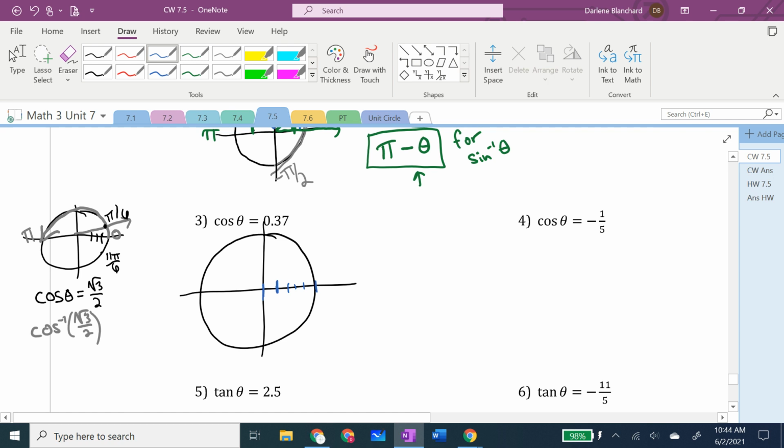I'm just trying to guess the plot. So it's not one of the unit circle spots where I know the exact angle measure. But I want you to see with this picture that cosine representing x means if you were to draw a vertical line at that x coordinate of 0.37, it's going to hit the unit circle in two places.